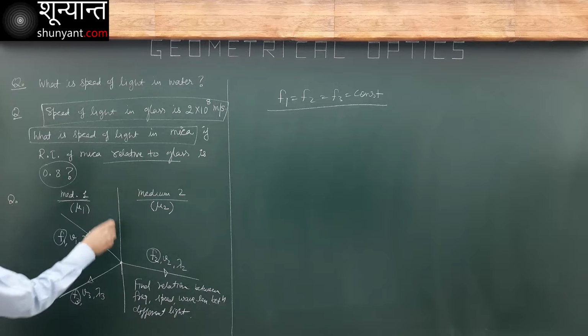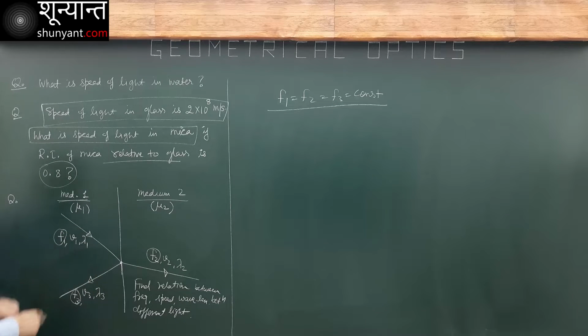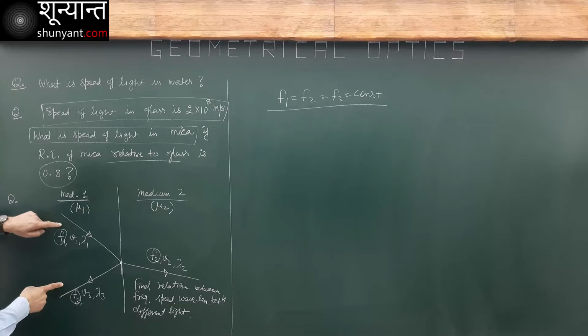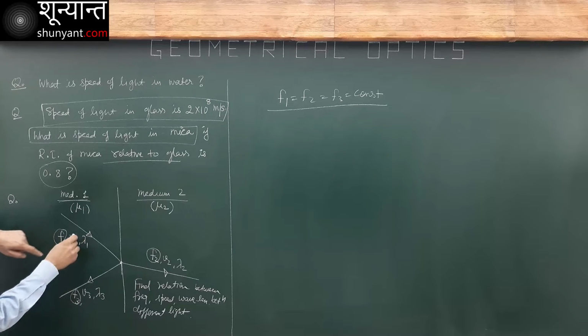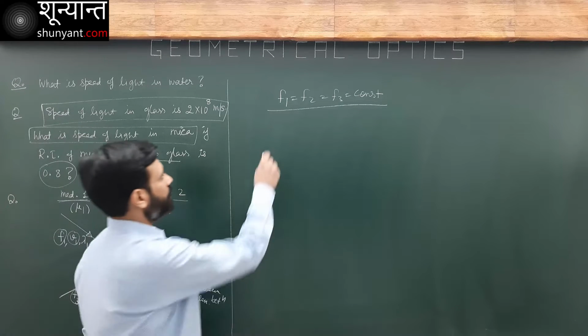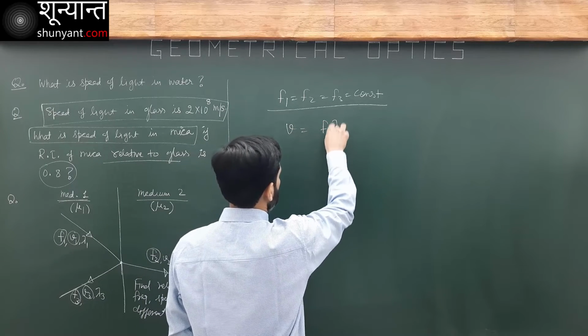These two are the same medium, incident light and reflected light. When the medium is the same, frequency is the same everywhere. In these two, frequency is the same and speed also is the same. Frequency is related with speed. Speed is equal to frequency times wavelength.